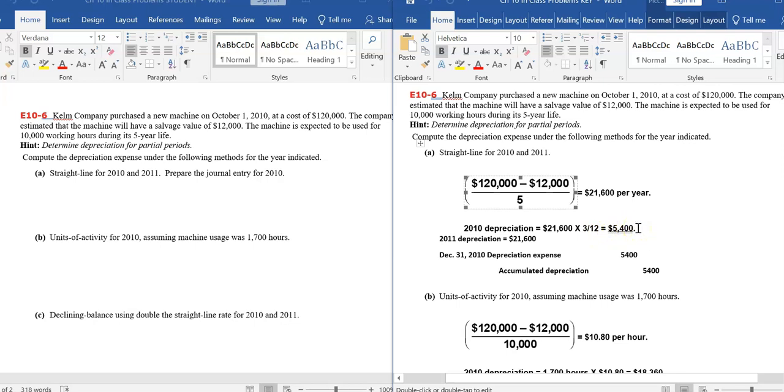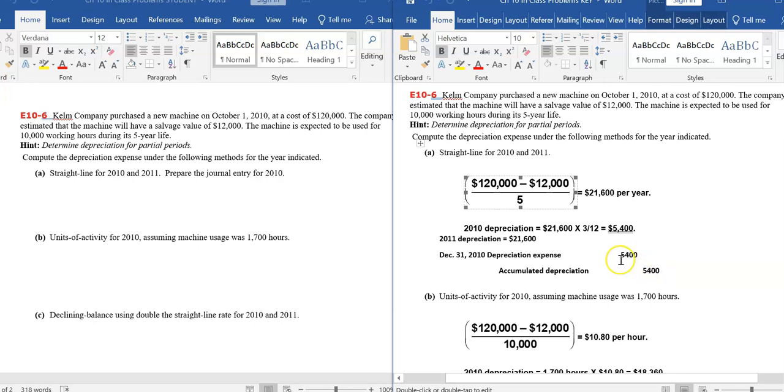The journal entry to record the depreciation expense will be a debit to depreciation expense to record the cost or the value of the asset that was used, the expense incurred, and we will credit accumulated depreciation. Accumulated depreciation is a contra asset account. It is keeping track of how much of this particular equipment value has been used up.